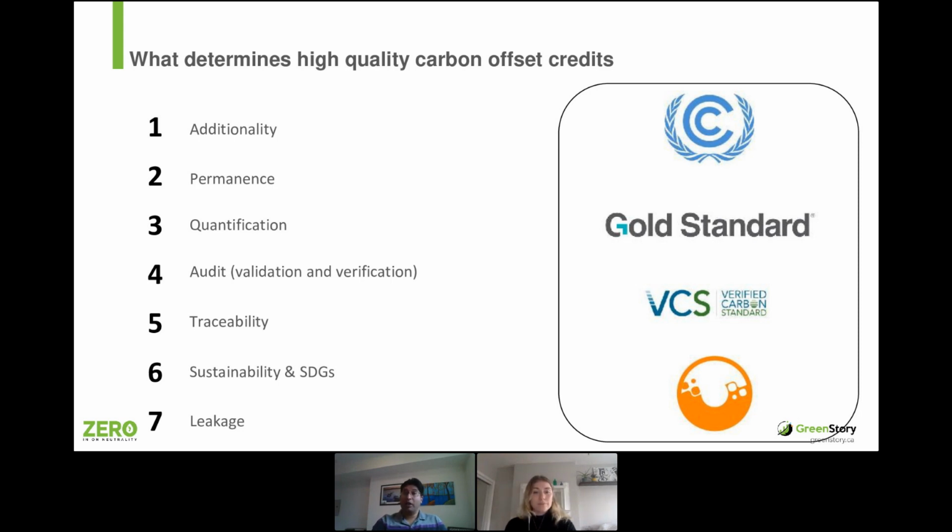Then we have the Verified Carbon Standard from Verra, which is one of the largest, and a lot of projects use the VCS standard. And then there's a regional standard, the Climate Action Reserve, which primarily certifies projects in North America. So if your project is certified by any of these international standards, then they're typically of very high quality.